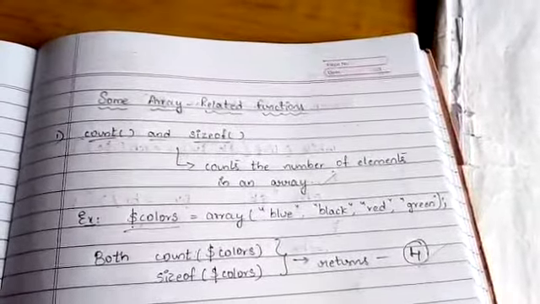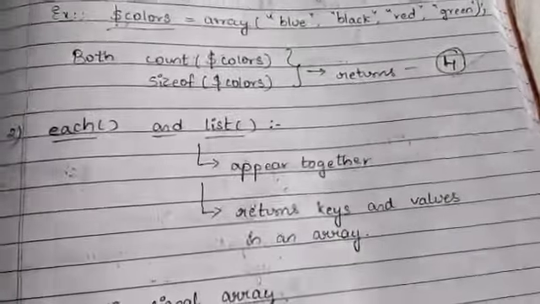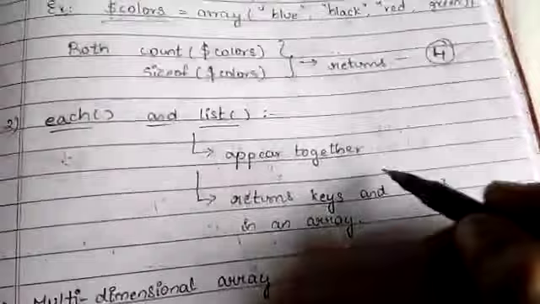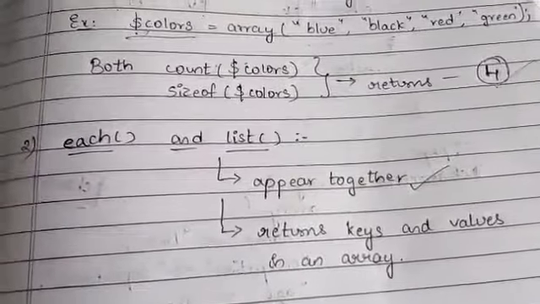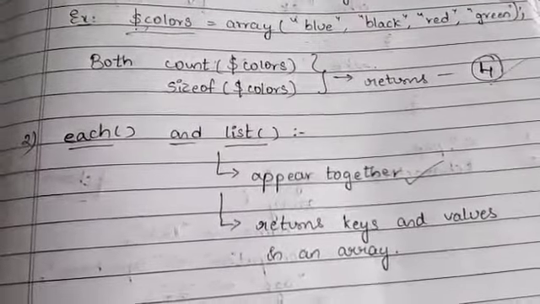Then the next one, the second one, is the each and list functions. These are two functions which appear together, meaning if one appears, the other must appear.